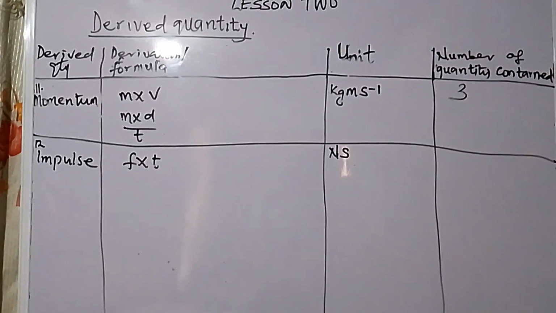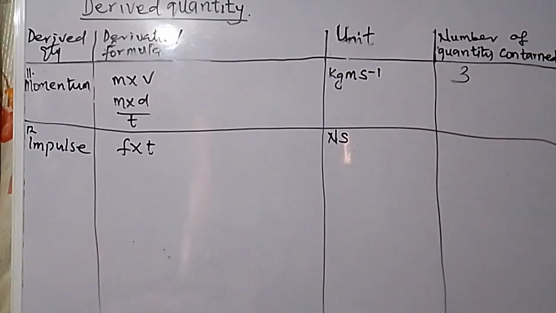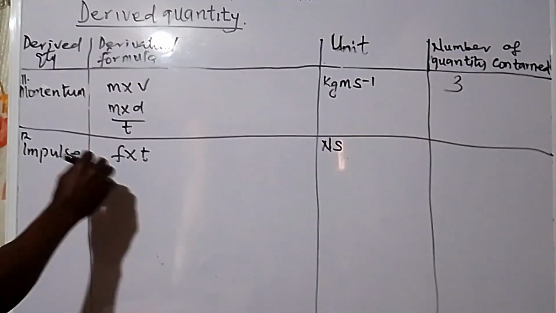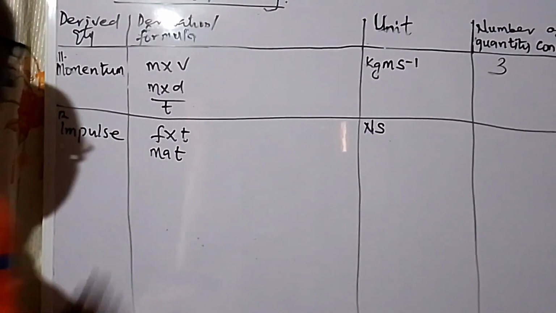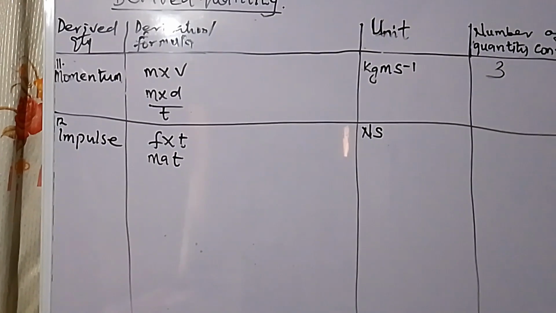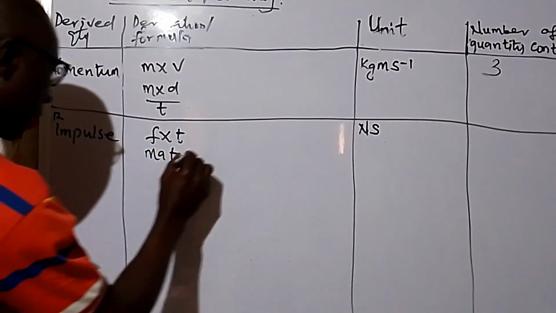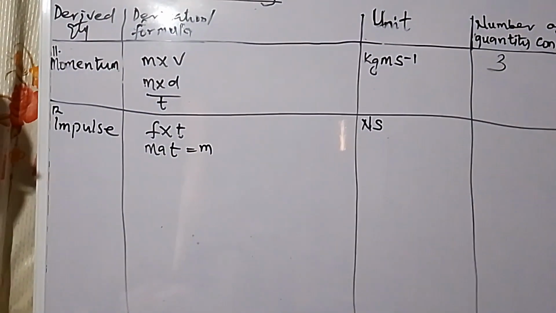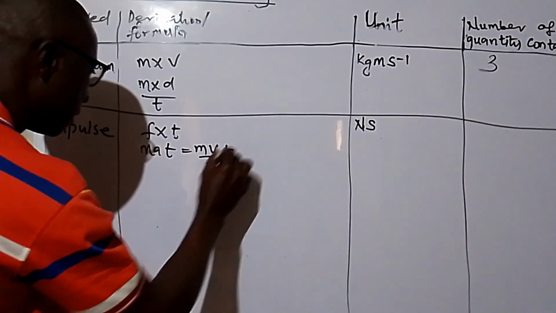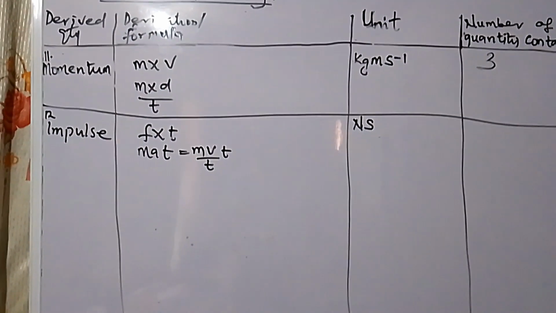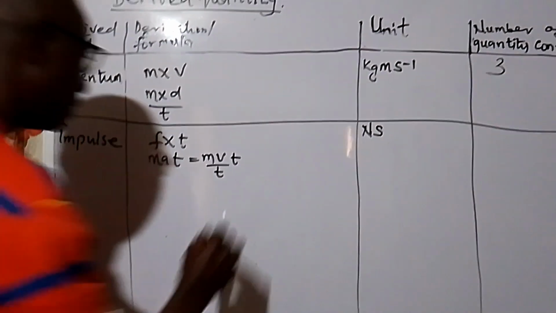Let's express further. Maybe we are still going to have another unit. Now, force is MA multiplied by T. A is derived. Express further, it will give M into V over T multiplied by T. Again, velocity is derived.